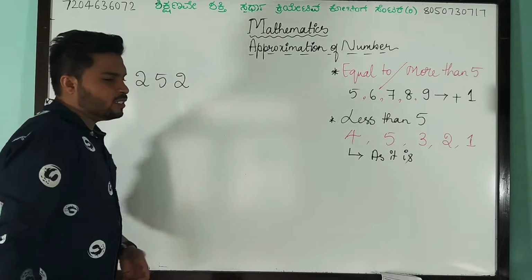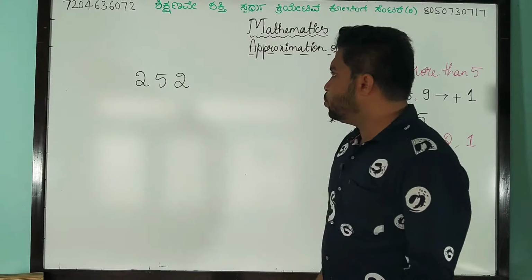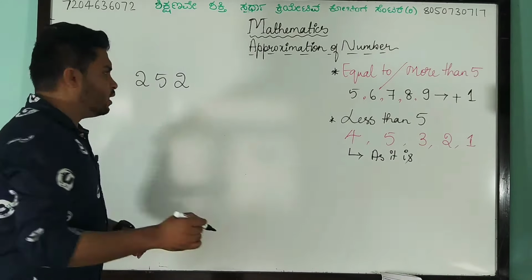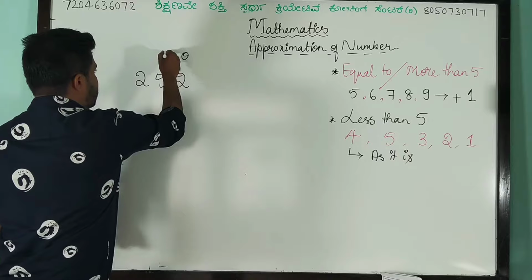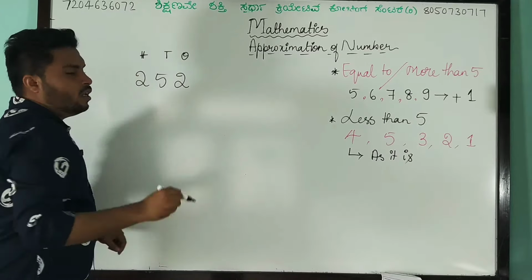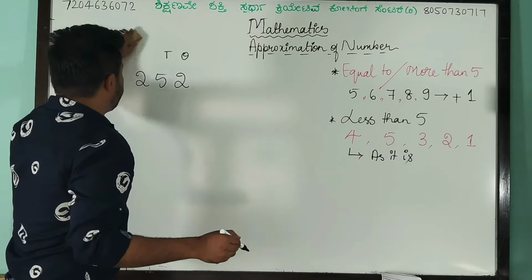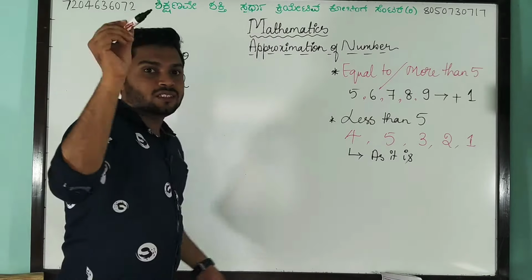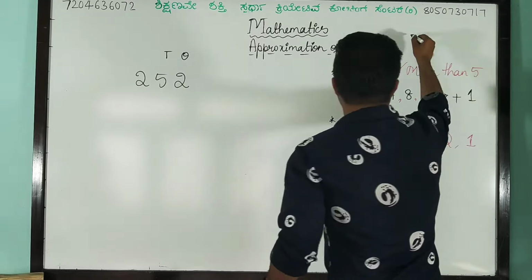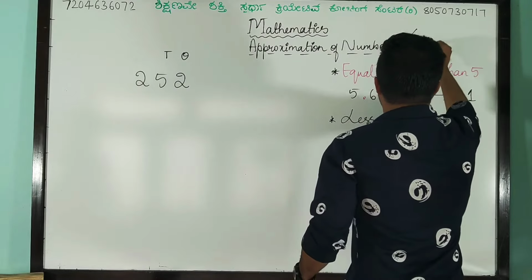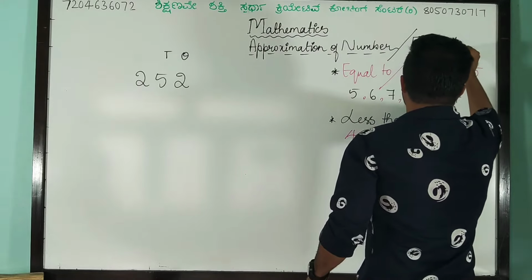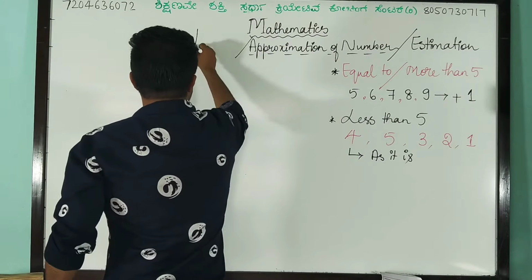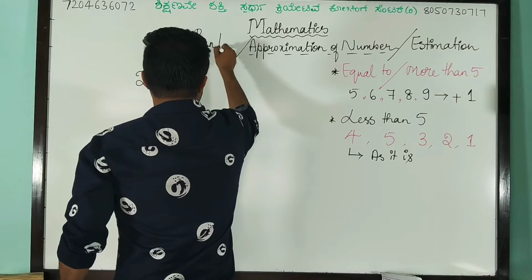Look at this, students. I have given you the number 252. Let us take this as 1s, 10s, 100s. Now they will ask you to approximate the value or estimate. See students, you have three definitions you can take: estimation, or estimate, or round off also.